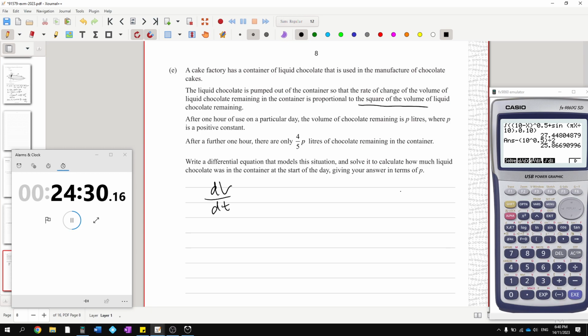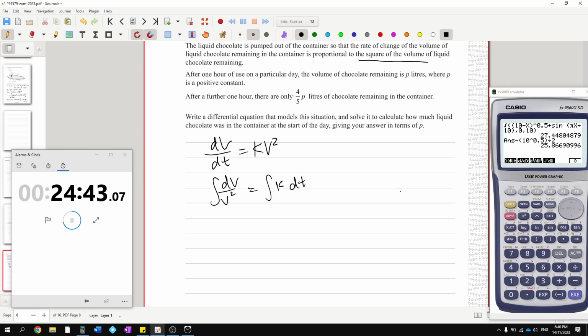Okay, let's write that down. The integral of dV over V squared equals the integral of k dt.